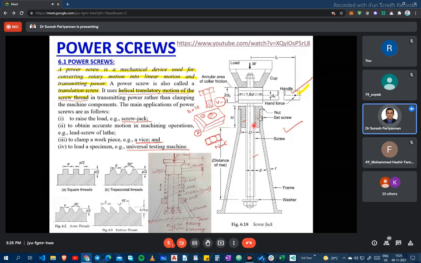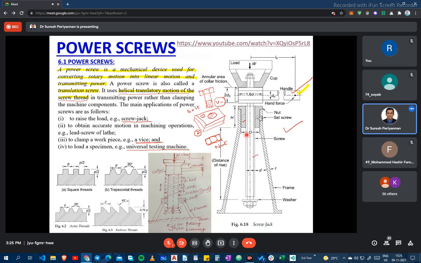If I am using a square thread here, there won't be a radial pressure or side thrust on the nut threads. That is one of the advantages of the square thread.